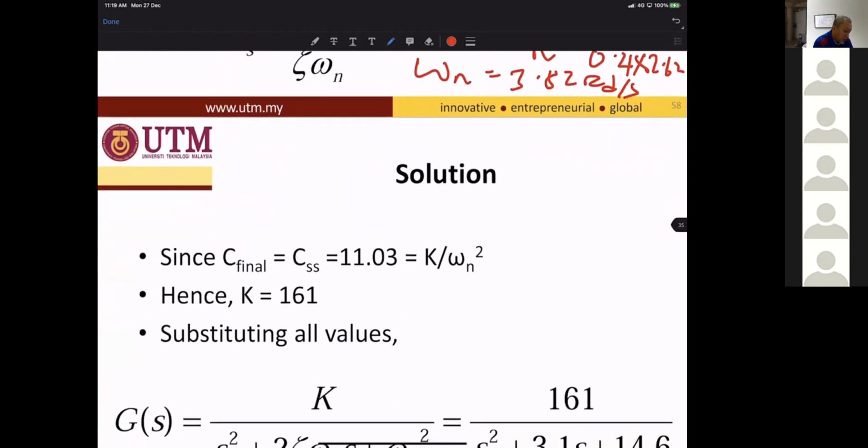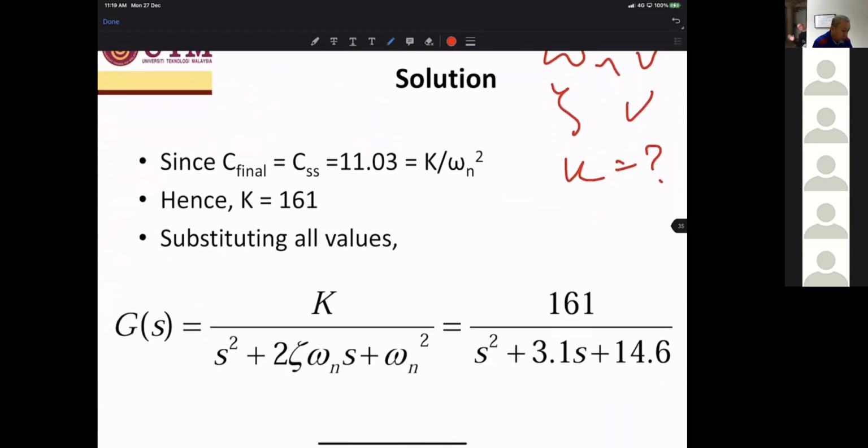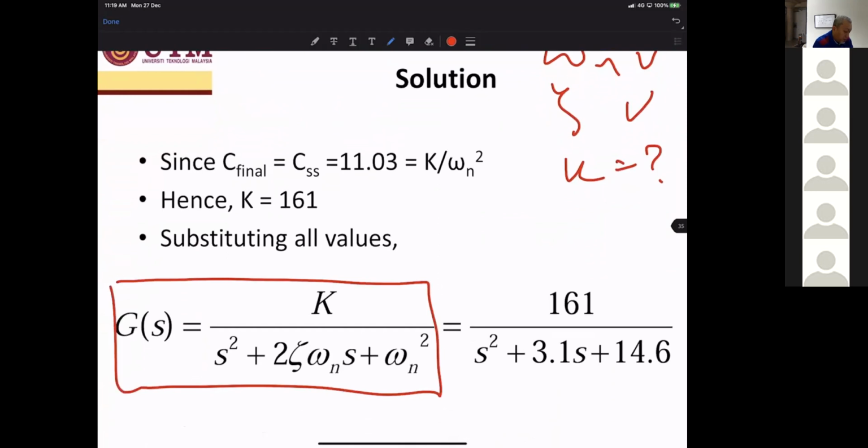So now you know omega n, you know zeta, and you still have to find the gain k. The model structure for a second order system is here.